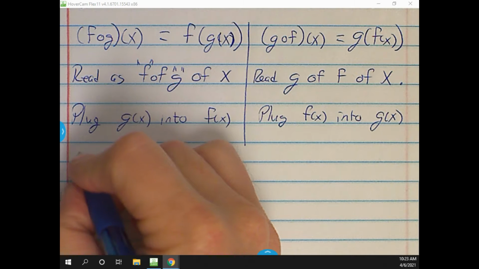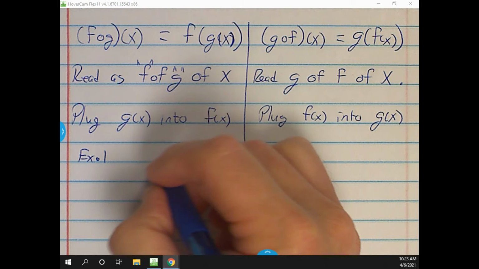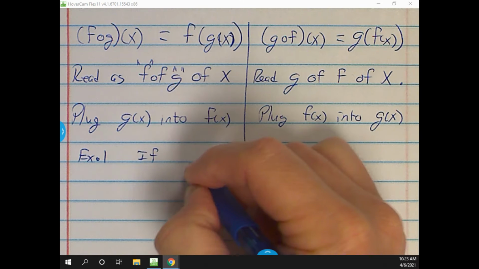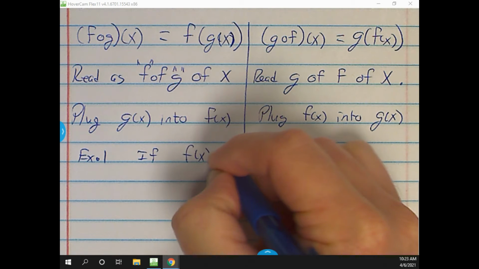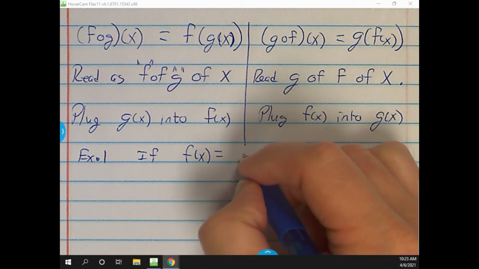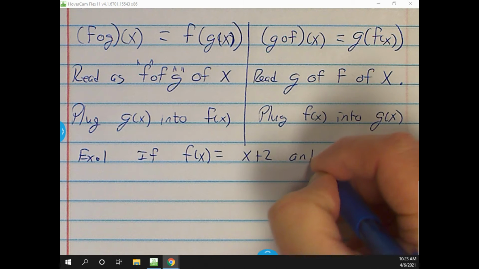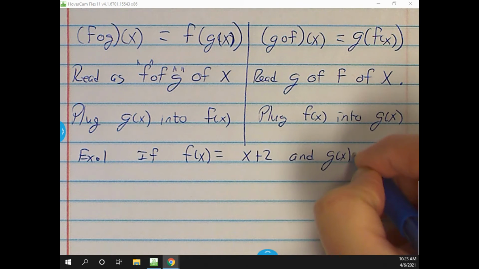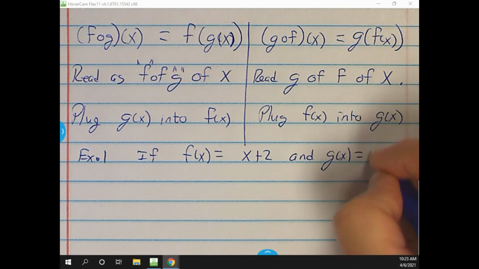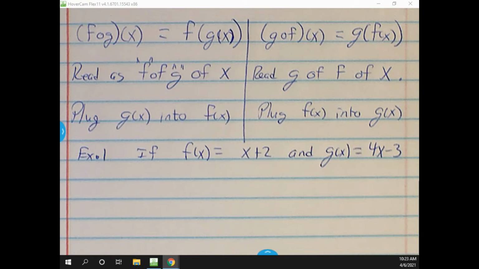All right, so let's show you what all that means. Let's say that f of x is x plus 2, and g of x is 4x minus 3. We're going to go ahead and find both of these.